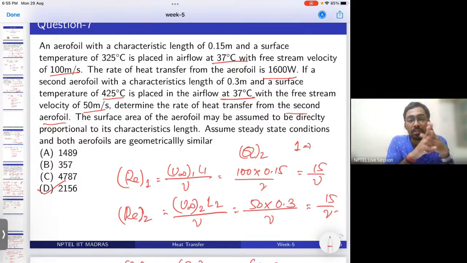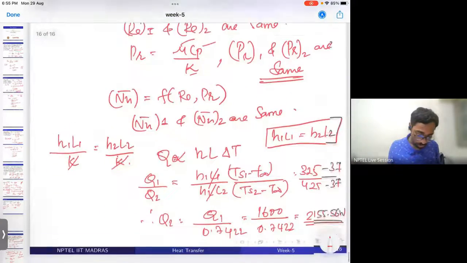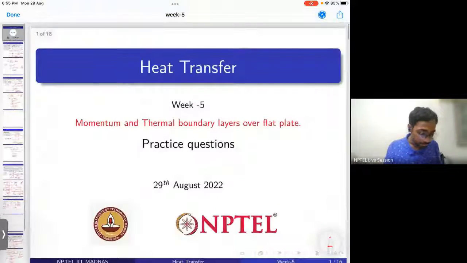The properties of the fluid won't change, so Reynolds number and Prandtl number are the same. So the average Nusselt number will be the same. Just by equating the Nusselt number, you can find the heat transfer rate for the second aerofoil. So this was our last question for today's session.